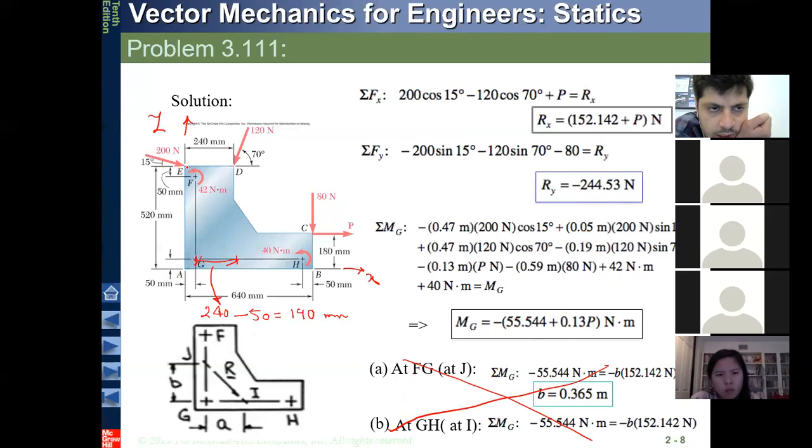Well, you have to calculate the distance from E to G. Then from E to A, you have 520 millimeter, and you have to subtract this distance, 50 millimeter. So you would get 470 millimeter, which is equal to 0.47 meter.